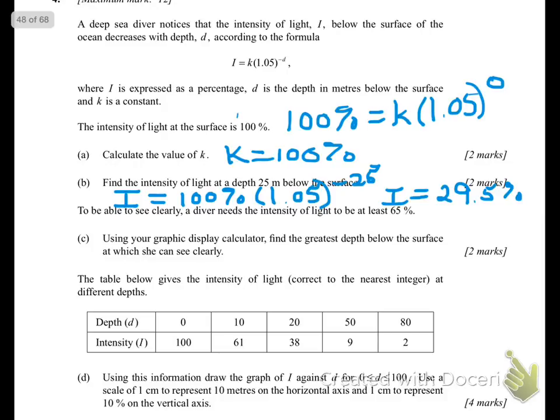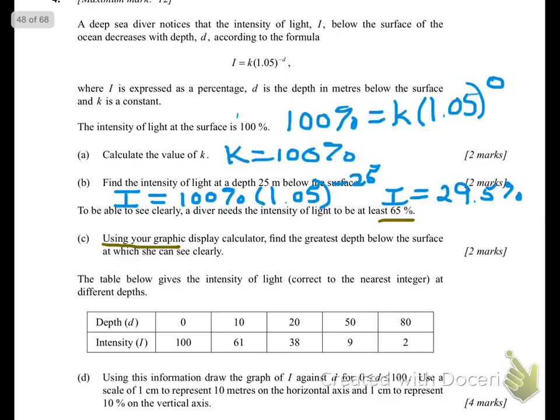Okay, so let's go to C, and they're saying that it is at least 65%. Now it says use your graphing calculator, and they want us to solve for D. Now D is in the exponent, so that means you're either going to graph or you're going to use logs. Let's set this up.